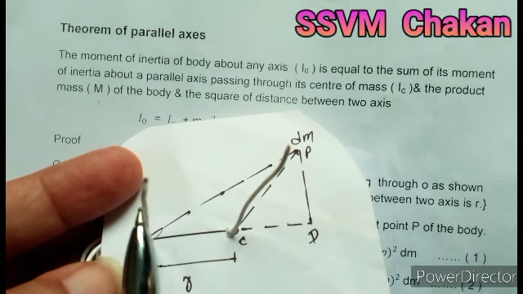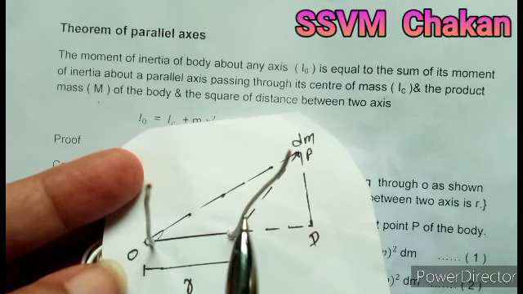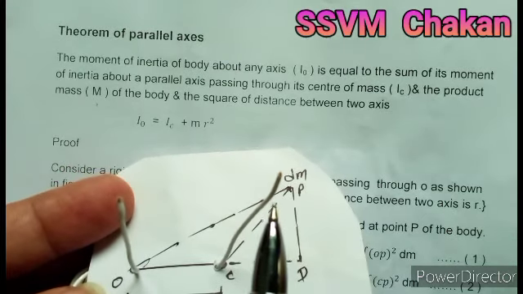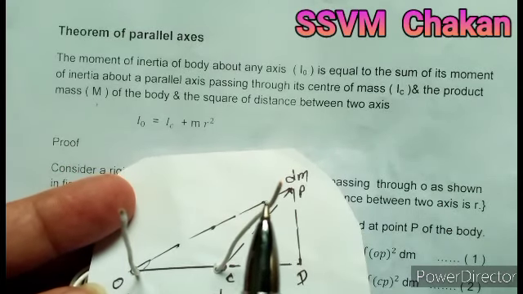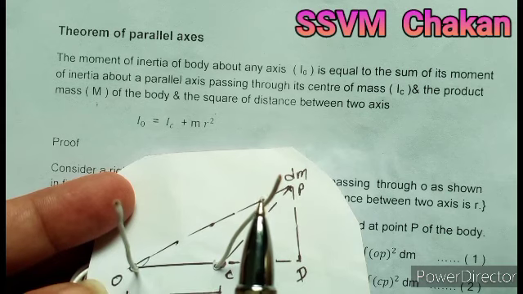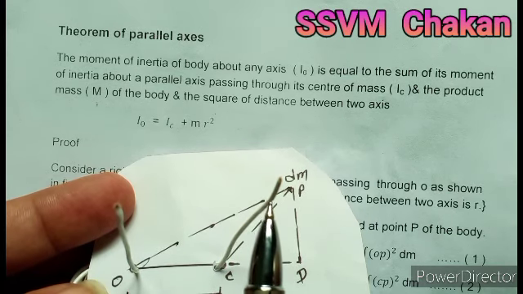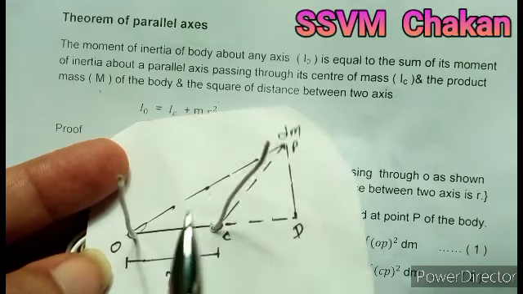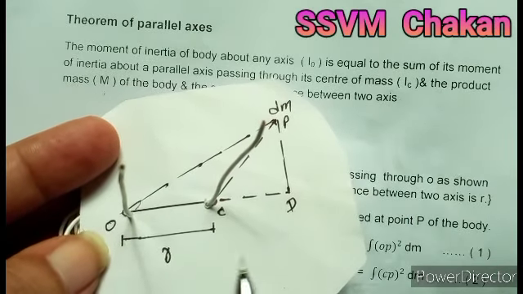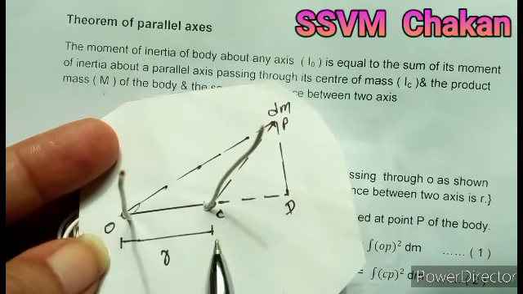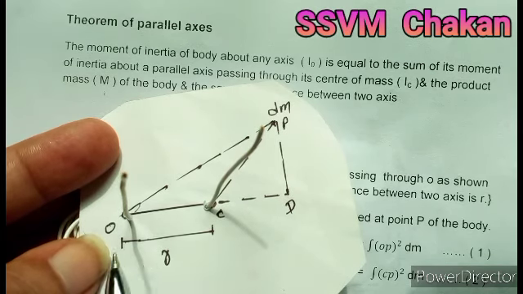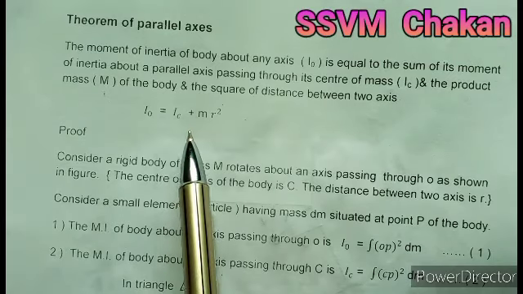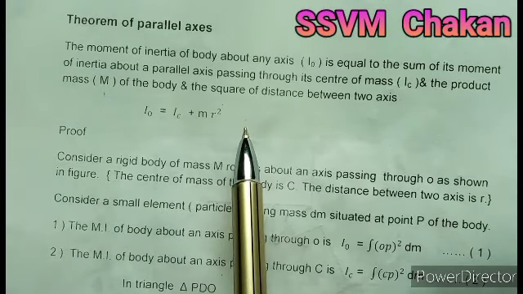This moment of inertia about this axis is equal to the sum of the moment of inertia about an axis passing through its center of mass and the product of mass of this whole body and square of distance between these two parallel axes. So I0 is equal to IC plus mr square.